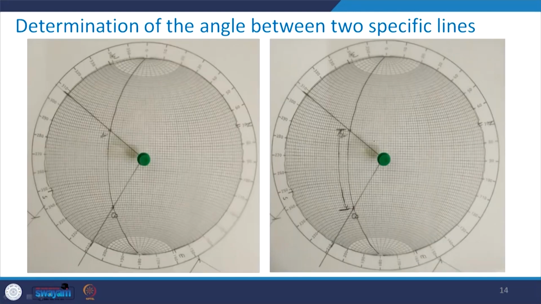So, you see I rotated this tracing sheet in such a manner that the points A and B were lying on the same great circle. The moment it happens, I mark that great circle here with the help of the pencil, like this.